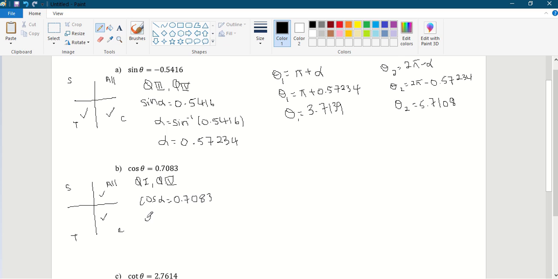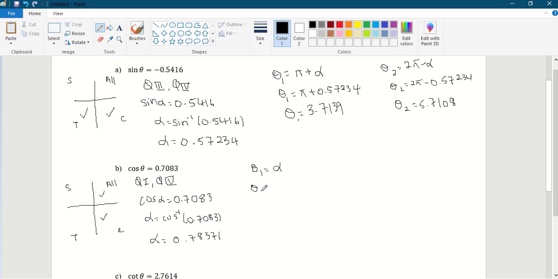So we get then alpha equals cos inverse 0.7083. We get 0.78370 or 1 actually.